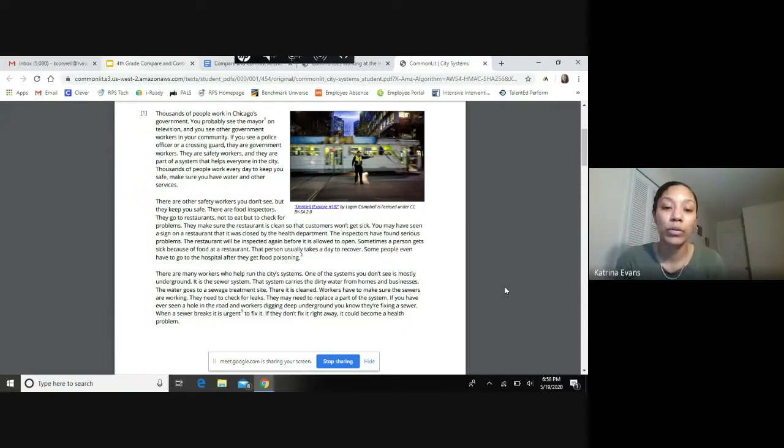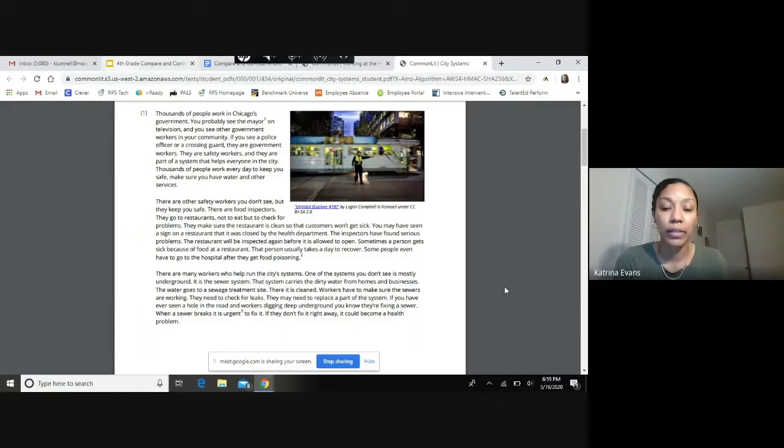There are many workers who help run the city systems. One of the systems you don't see is mostly underground. It is the sewer system. The system carries the dirty water from homes and businesses. The water goes to a sewage treatment site. There it is cleaned. Workers have to make sure the sewers are working.